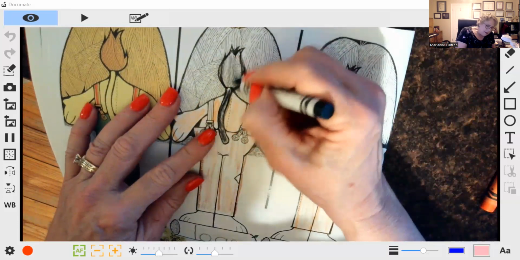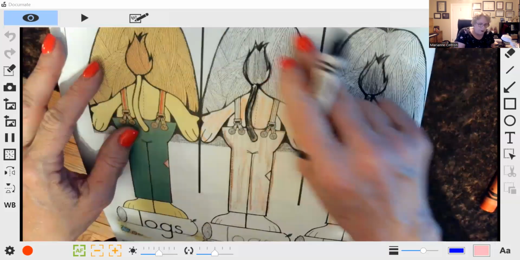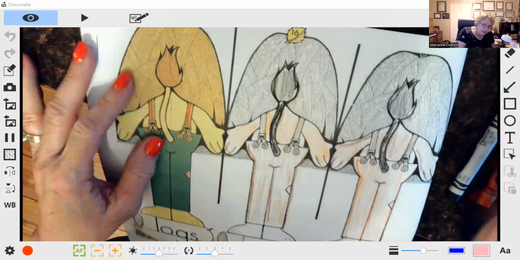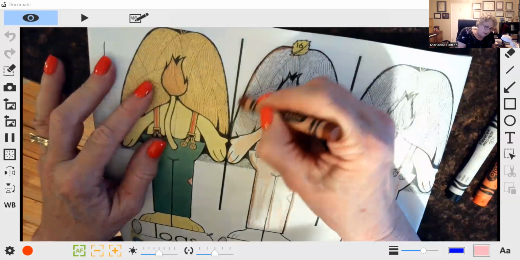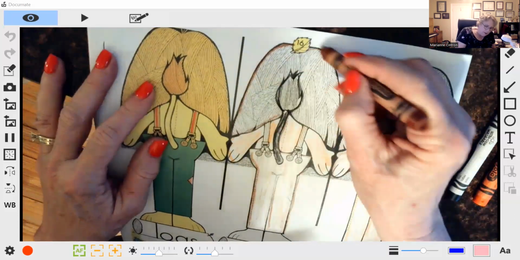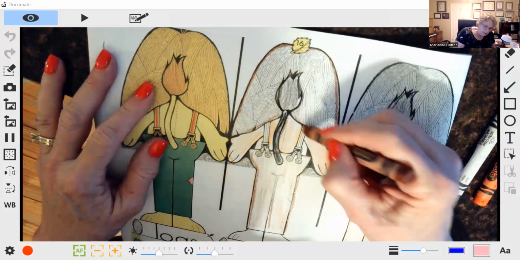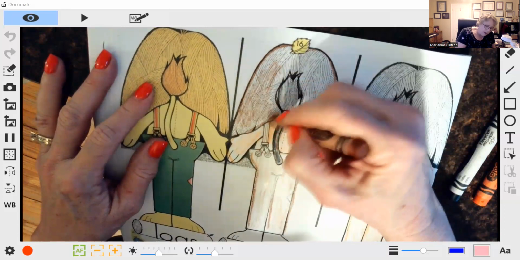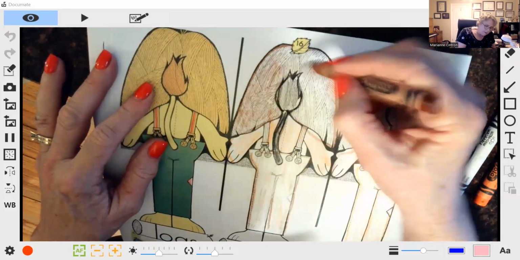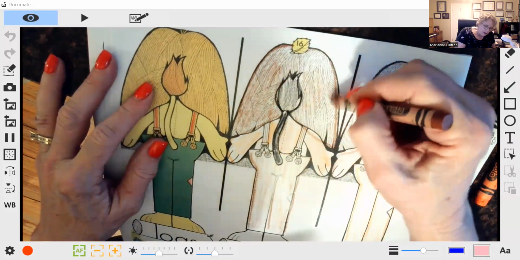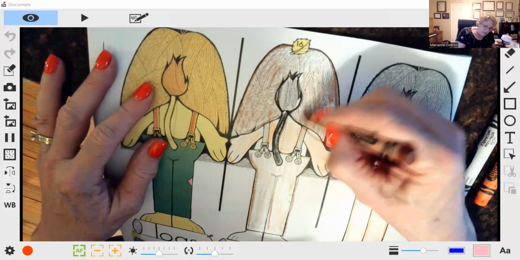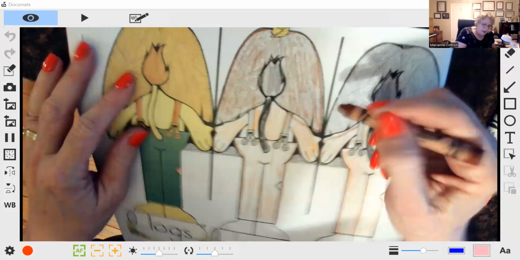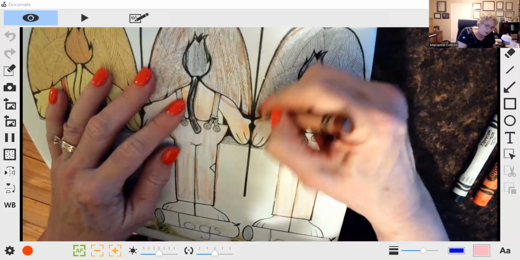And the lion's fur on his head is called his mane. So let's outline the mane. Up and down. His mane, and let's do this mane brown also.